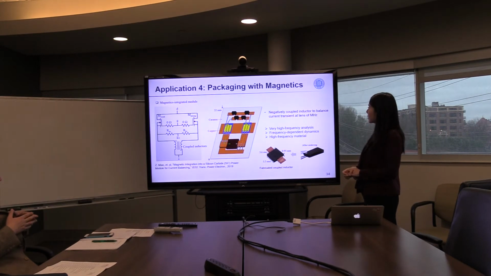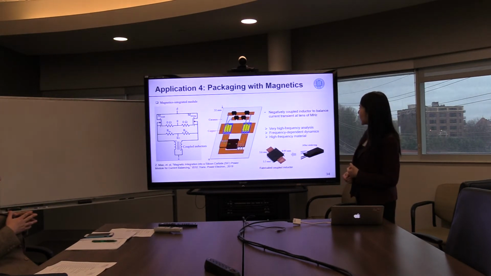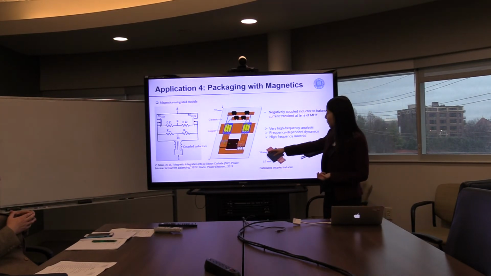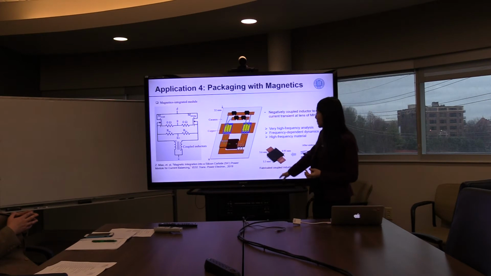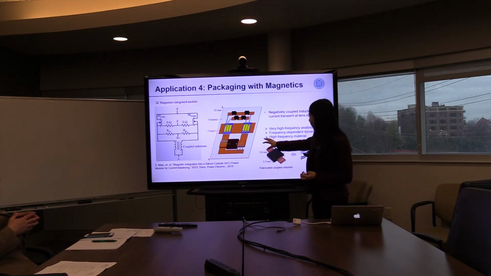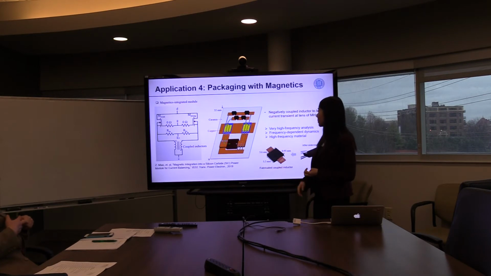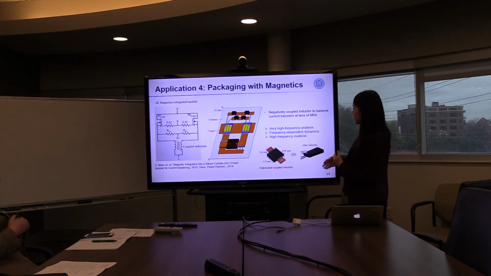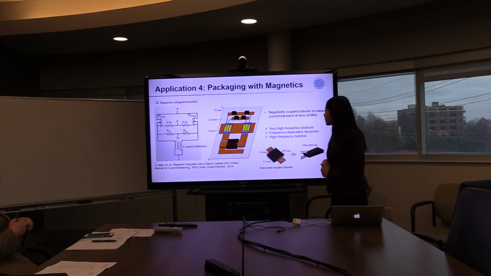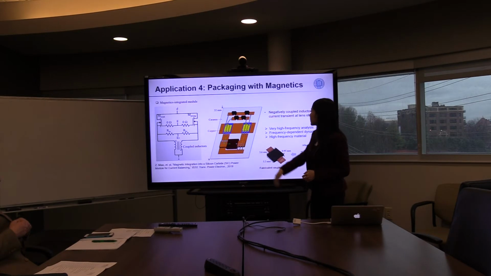Another application is packaging with magnetics. This work is done by my colleague Zichen Miao at Virginia Tech. What he does is pack a negatively coupled inductor into his power module to solve the imbalance of the transient current with paralleling devices.